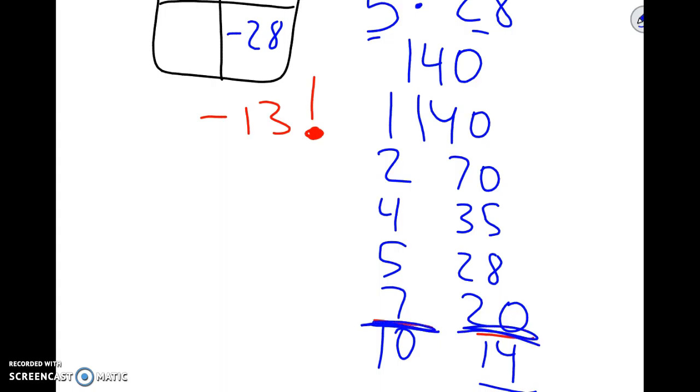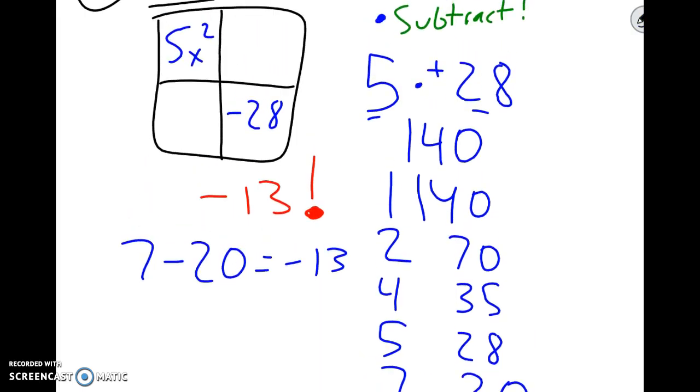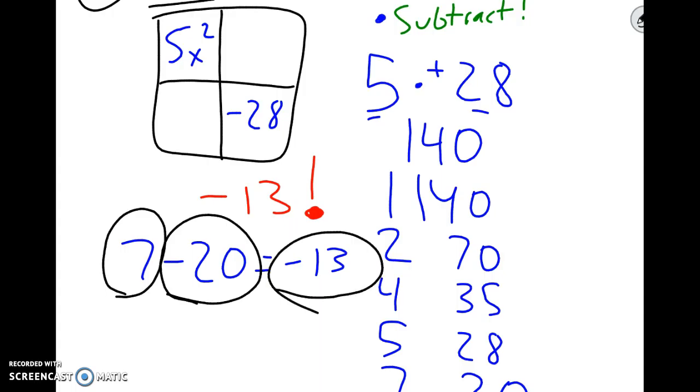My math problem is 7 minus 20 equals negative 13. That's the problem that I need to plug in. I'm not going to plug in 7 and 20 or 20 and negative 7 or negative 7 and negative 20. I'm going to plug in 7 and negative 20 because that's my problem, because that's the magic number.